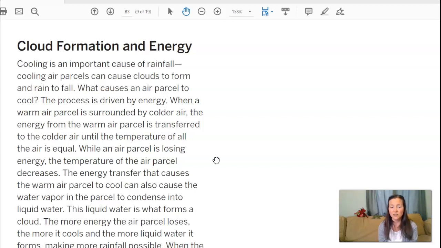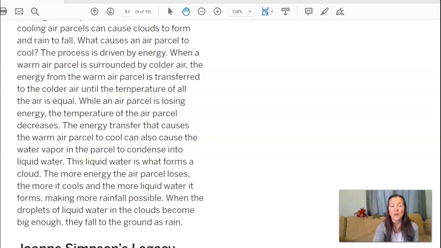The energy transfer that causes the warm air particle to cool can also cause the water vapor in the particle to condense into a liquid. This liquid water is what forms a cloud. The more energy the air particle loses, the more it cools, and the more liquid water it forms, making rainfall possible. When the droplets of liquid water in the cloud become big enough, they fall to the ground as rain. Great.